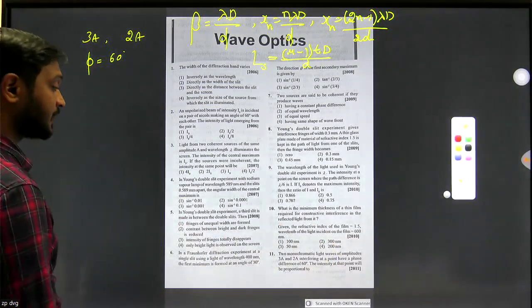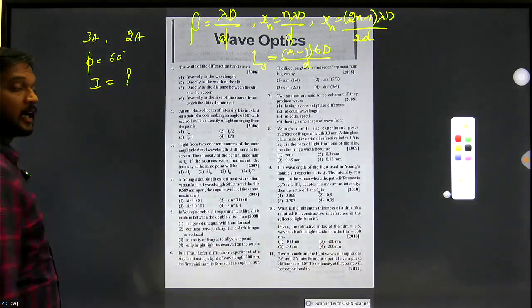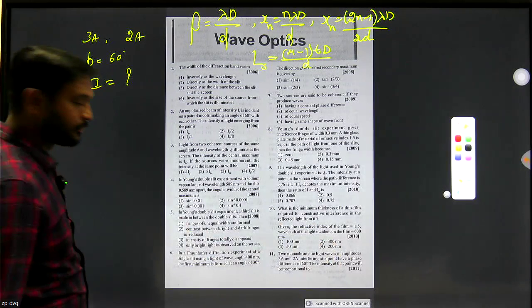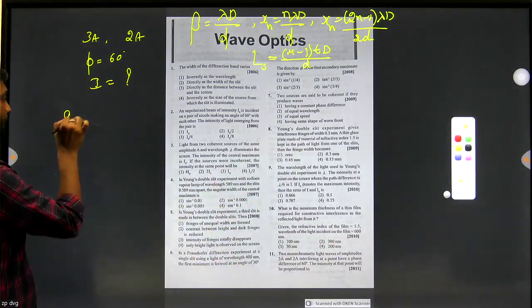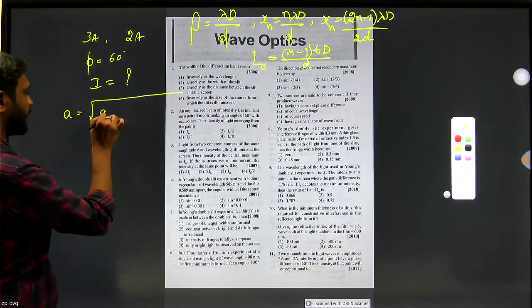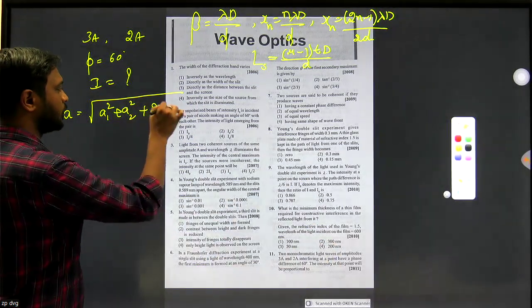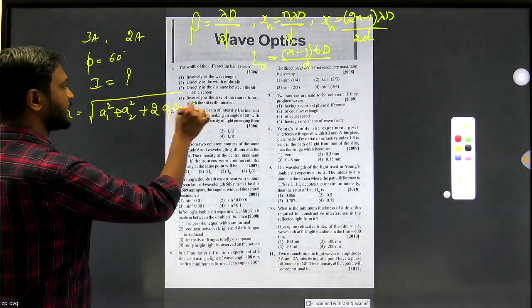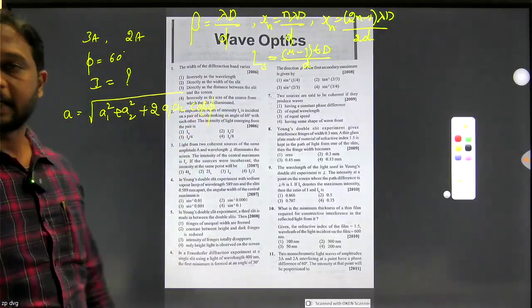The intensity at that point will be proportional to what? We have to calculate the intensity of the wave. So what is the formula? It's a direct formula. First we have to calculate amplitude, that is the square root of A1 square plus A2 square plus 2 A1 A2 cos phi.